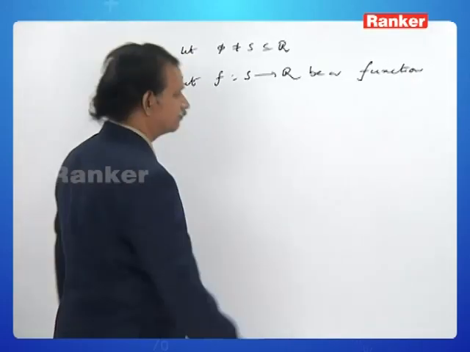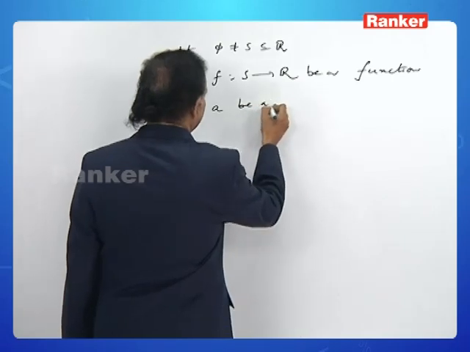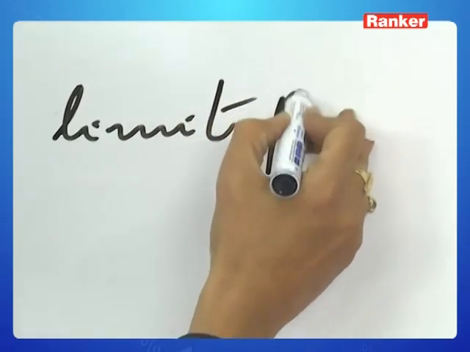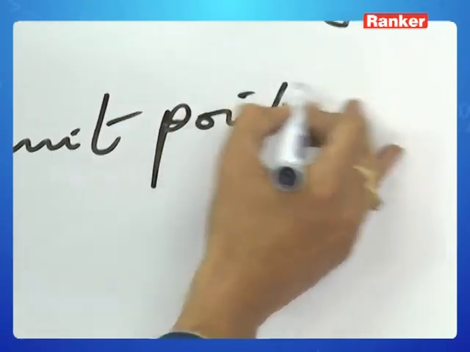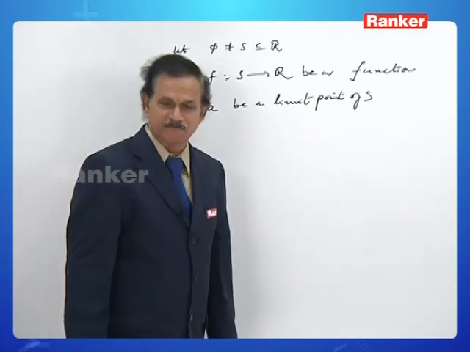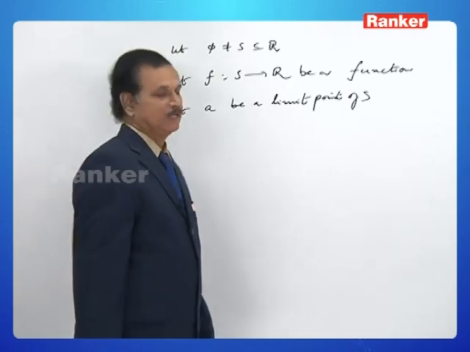Let A be a limit point of S. By this word we mean that every neighborhood of A contains infinitely many points of S.